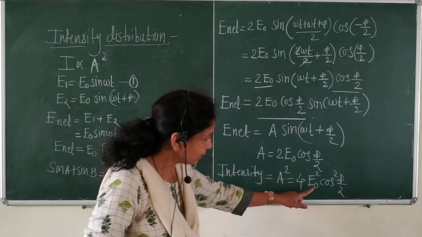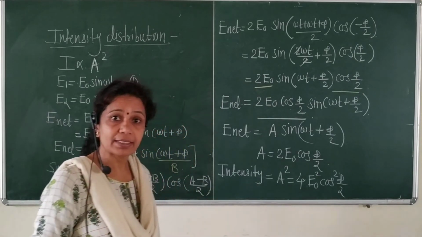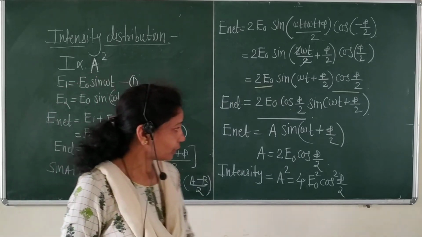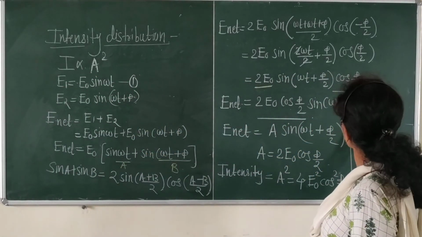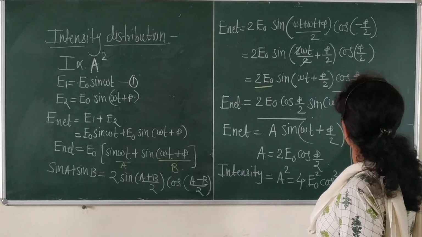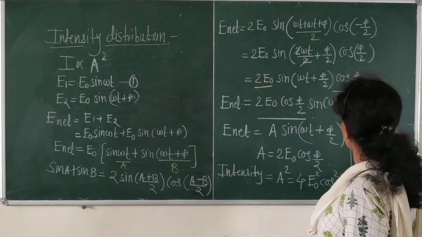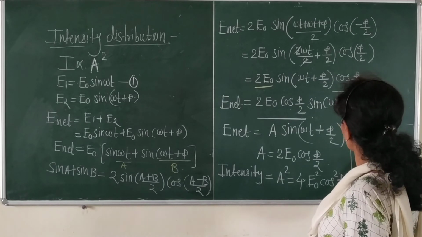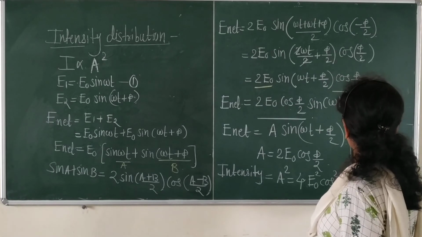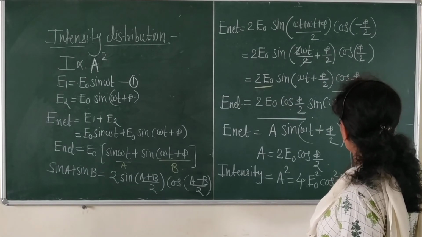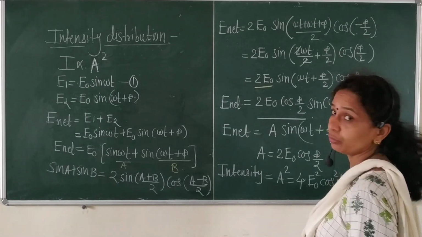Again, this is the amplitude square, so replace this by I naught. Therefore, we get the last expression: intensity is equal to 4 E naught square, represented as I naught, 4 I naught cos square phi by 2.